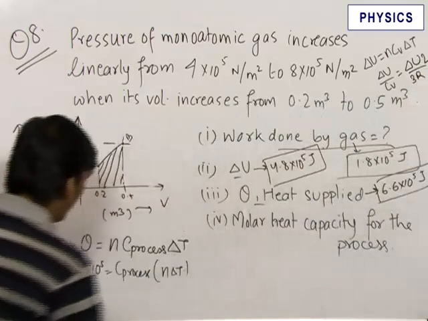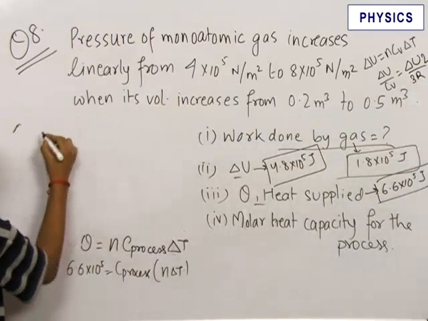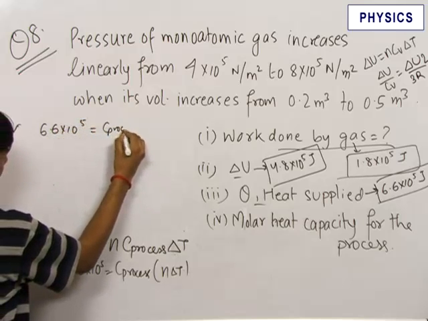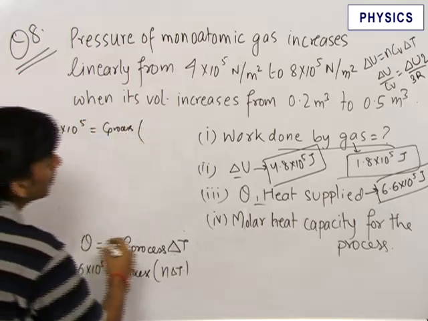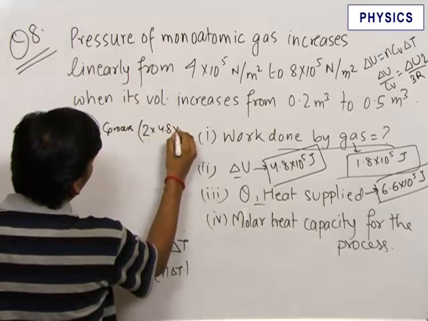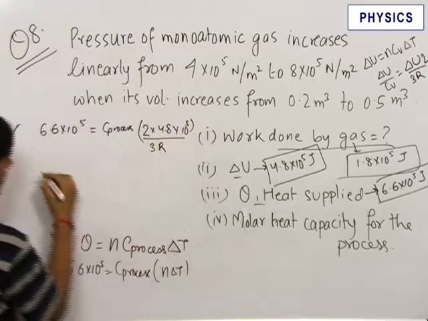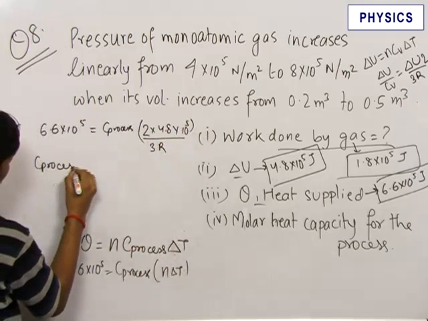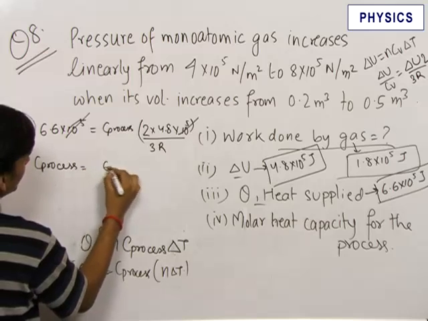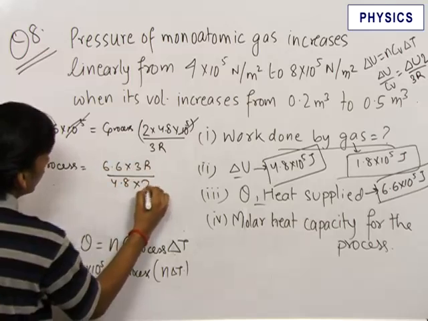Therefore on feeding the values over here we get 6.6 into 10 raised to 5 is equal to C of process into 2 times delta U, that is 4.8 into 10 raised to 5, upon 3R. Therefore, the C process becomes equal to, this gets cancelled, 6.6 into 3R upon 4.8 into 2.